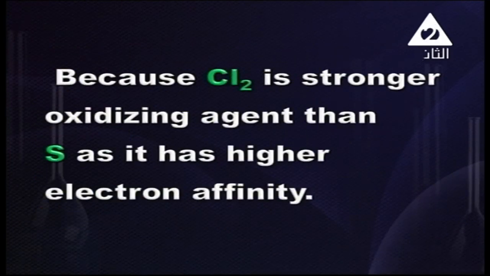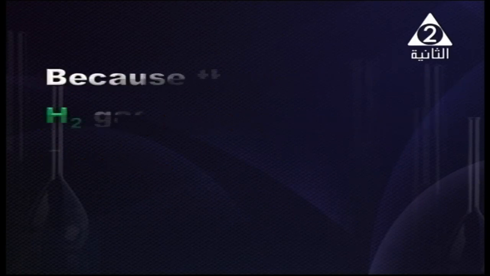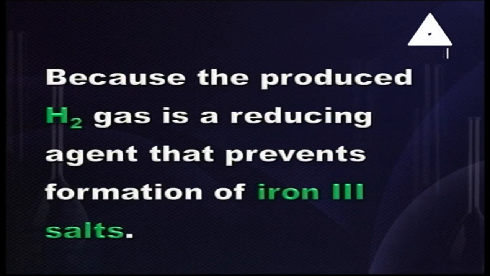The reason is that chlorine is a stronger oxidizing agent than sulfur, because chlorine has higher electron affinity than sulfur. Next point: iron reacts with dilute acids forming iron 2 salts, not iron 3 salts. The reason? Because the produced hydrogen gas is a reducing agent that prevents the formation of iron 3 salts.